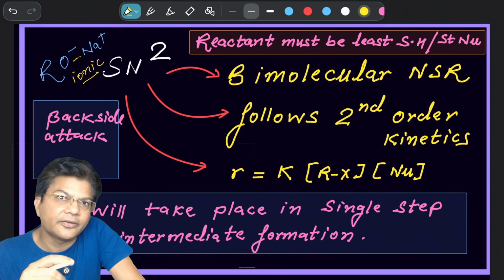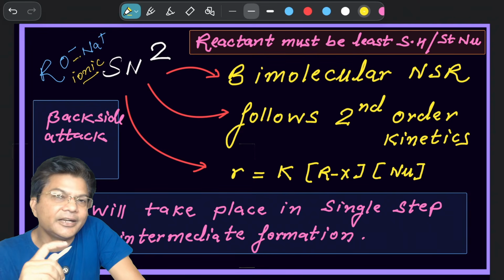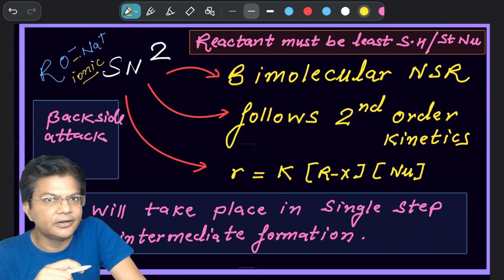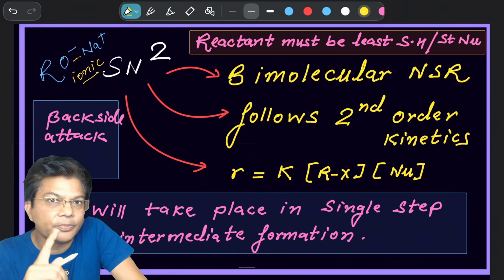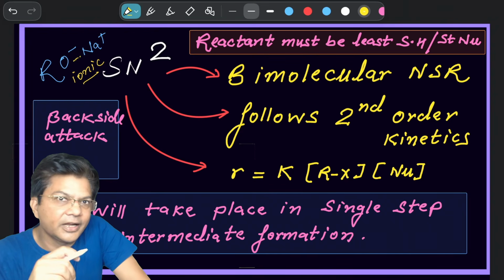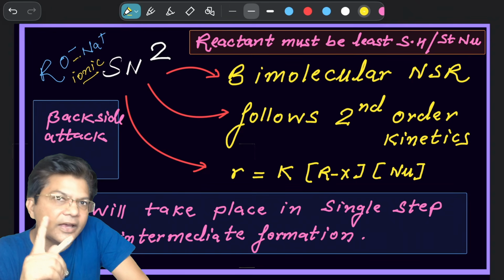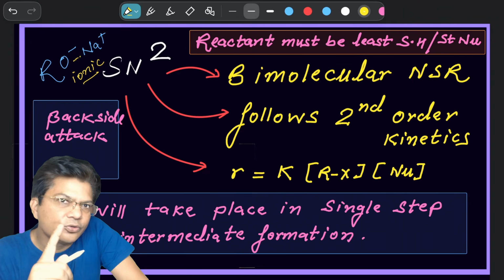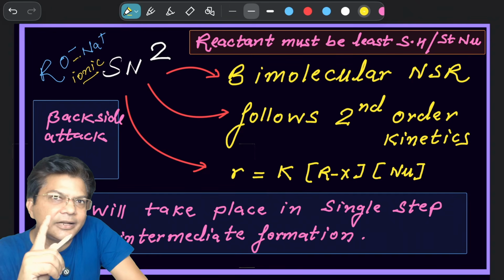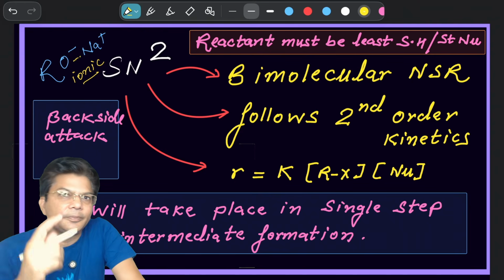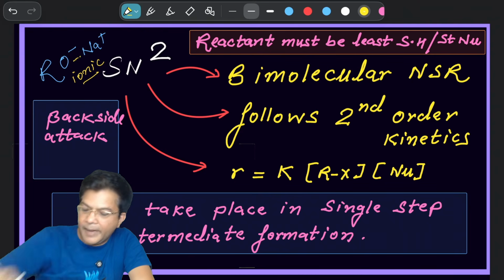Now for that, the reactant must be least sterically hindered. For SN2, the reactant must be least sterically hindered because the nucleophile has to attack from the back side.